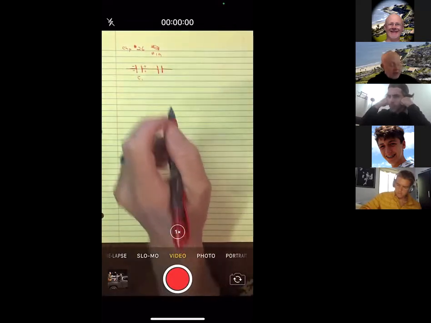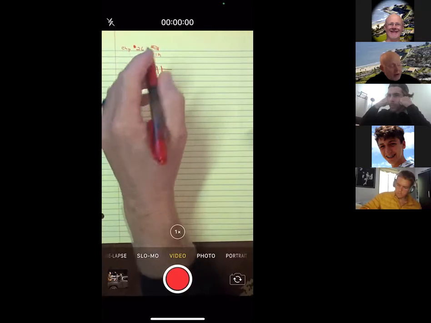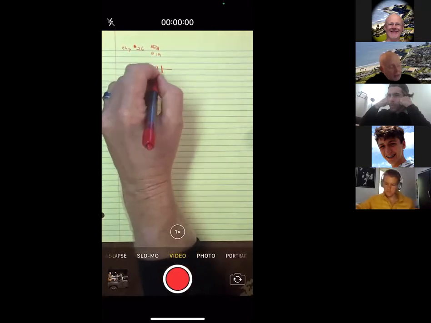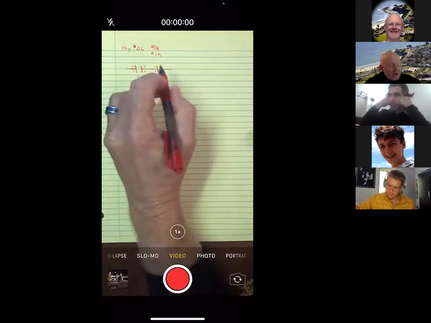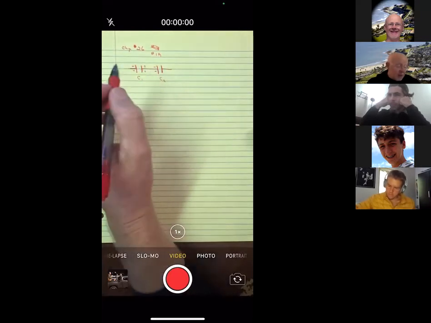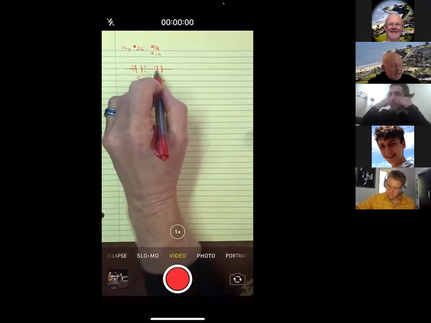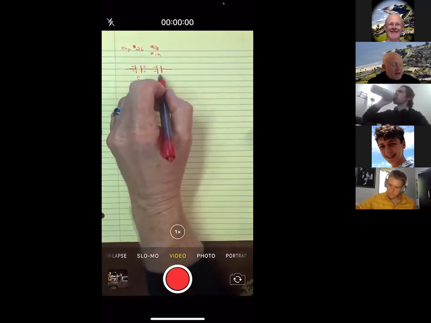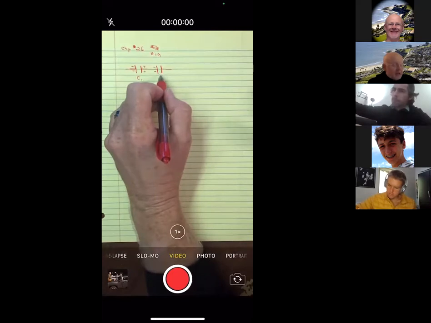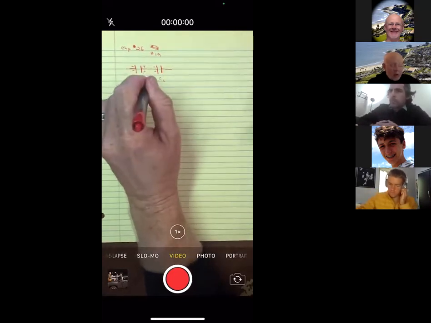But in series, watch this, over here is where those two go, and I'll call this the left plate of number 2. It's because of this connection that the charge on number 2 is always going to be the same as the charge on number 1.